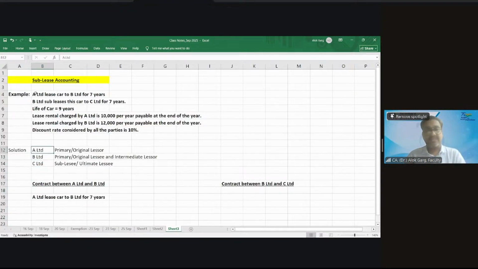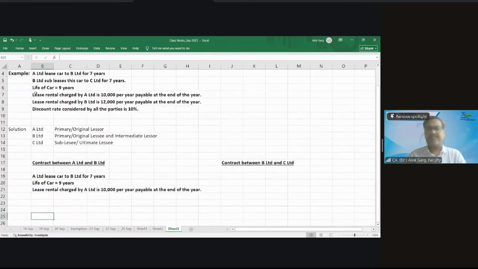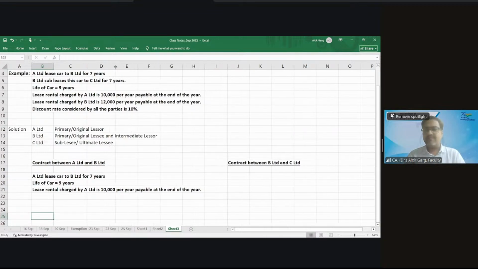A Limited leases a car to B Limited. What is the life of the car? 9 years. What is the lease rental charged by A Limited? This much. If I split this contract, this is what is there.